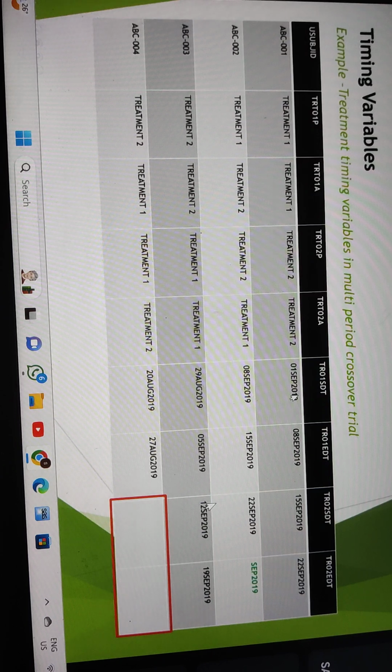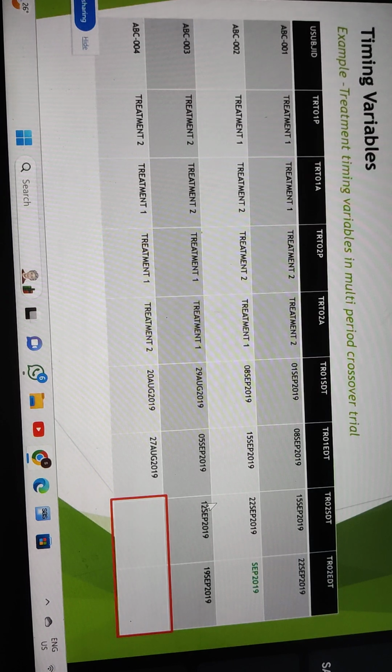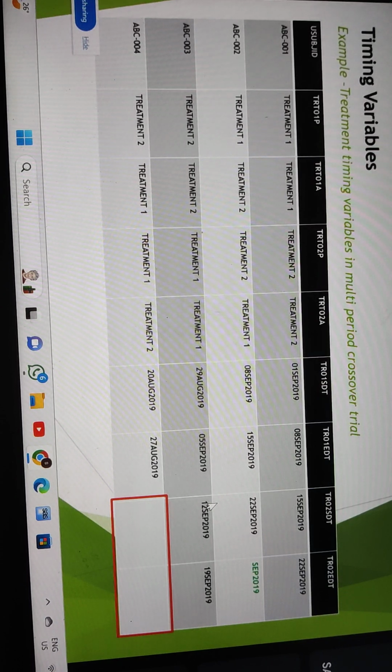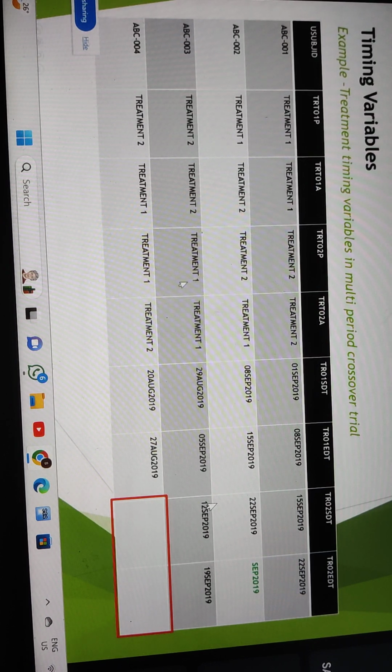All the dates are present for the first 2 or 3 subjects, and then for the 4th subject, the second treatment TRT02SDT and TRT02EDT dates are missing.